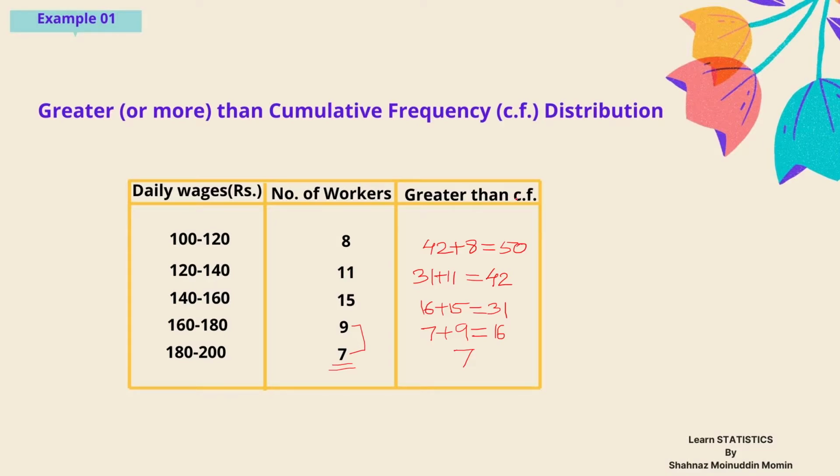This is the greater than cumulative frequency column, and the column of daily wages along with the greater than cumulative frequency is known as the greater than cumulative frequency distribution.